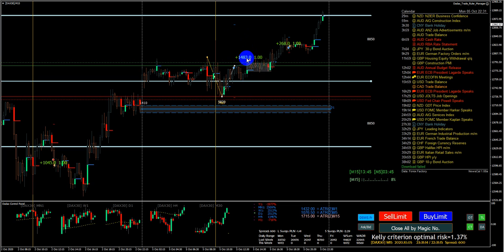I wanted to take 15 pips. At one moment there was over 15 pips, then it went down a bit, and then it went up to 15 pips again. So I clicked on close, and it closed a little bit below 15 pips.